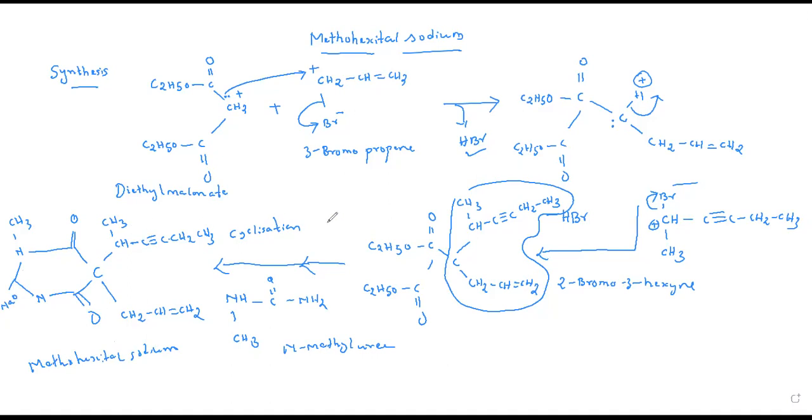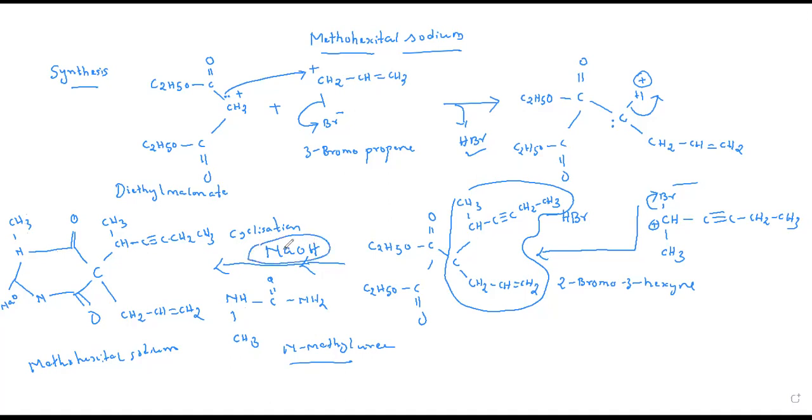Only thing I have done is I have converted this acyclic structure into a cyclic structure in the presence of N-methyl urea, which is a powerful cyclization agent. So this NCH3 I have written here, followed by the sodium salt, NaO, which you are going to get from sodium hydroxide, a strong base we are using here.